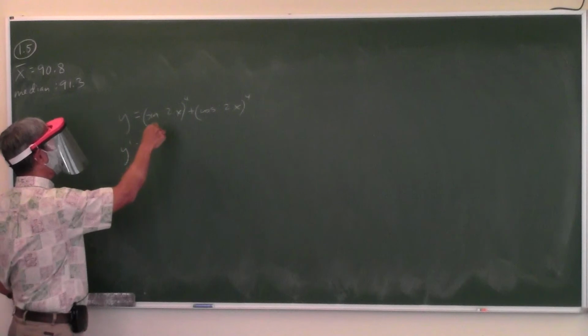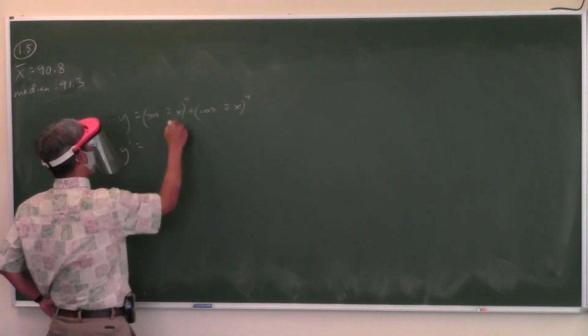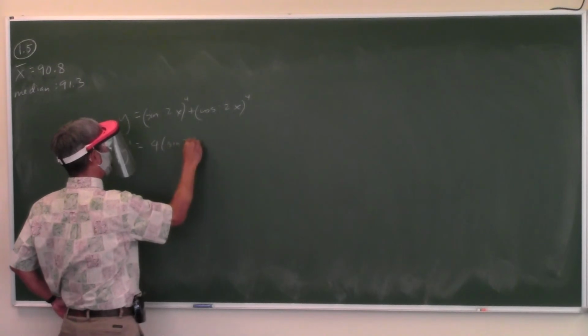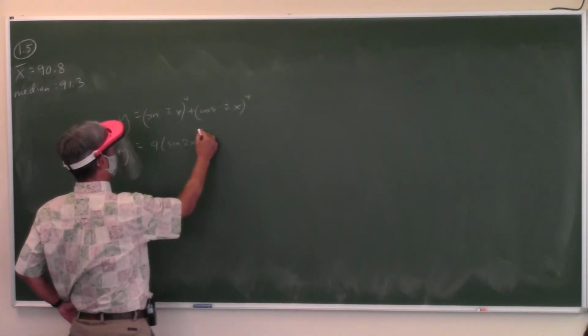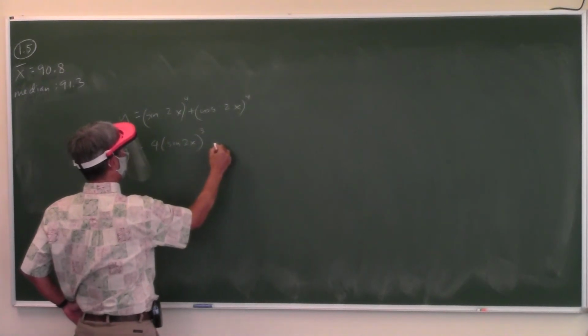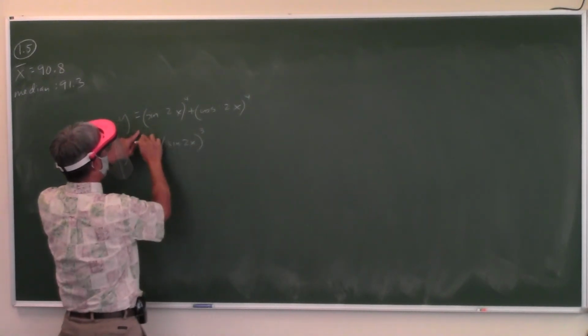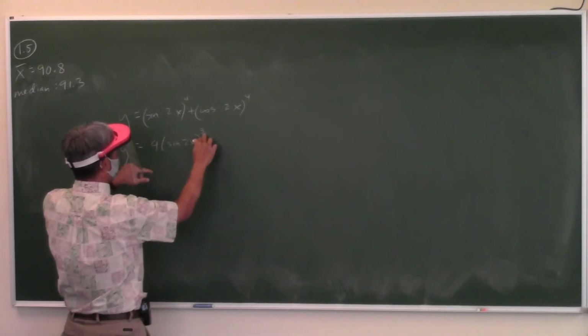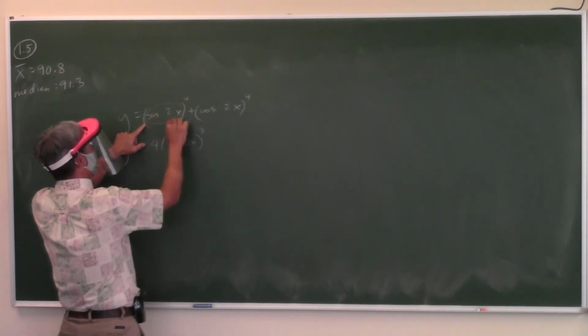Derivative of box to the 4th: 4 sine cubed 2x, or, sorry, so the derivative of box to the 4th is 4 box cubed times the derivative of the box.